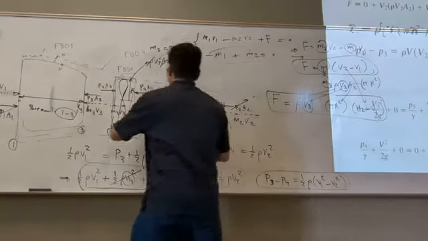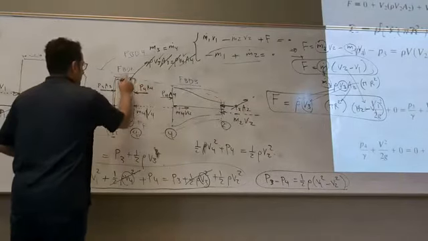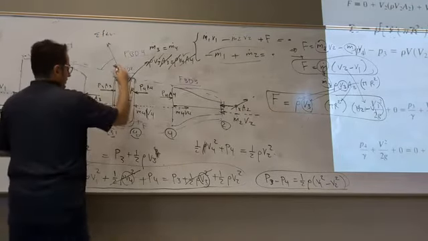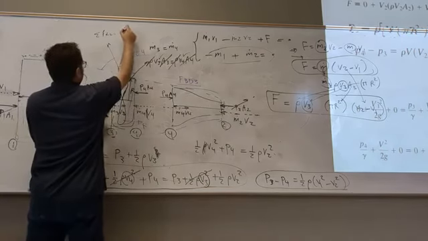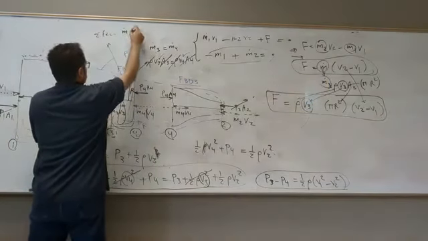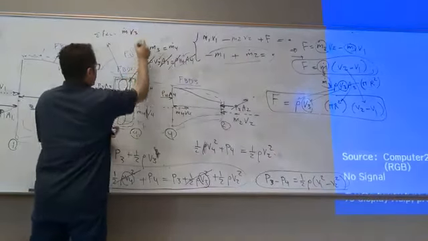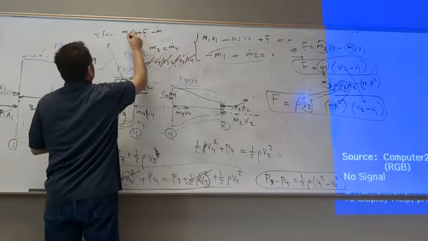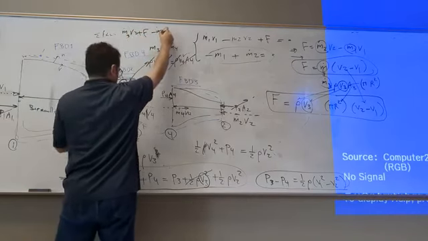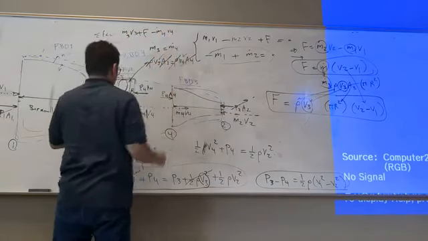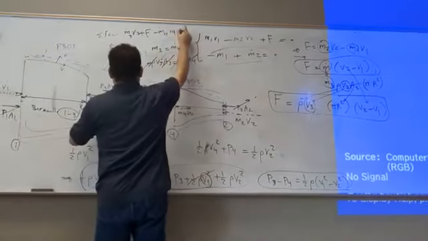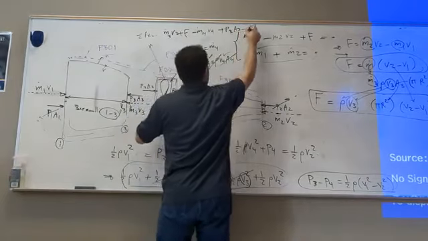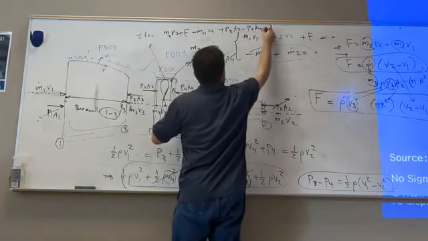But look, for this system, write momentum equation. Sum of force makes 0. So what do you get? You get m dot 3 V3 positive plus F minus m dot 4 V4, and there is plus P3 A3 minus P4 A4 is equal to 0.